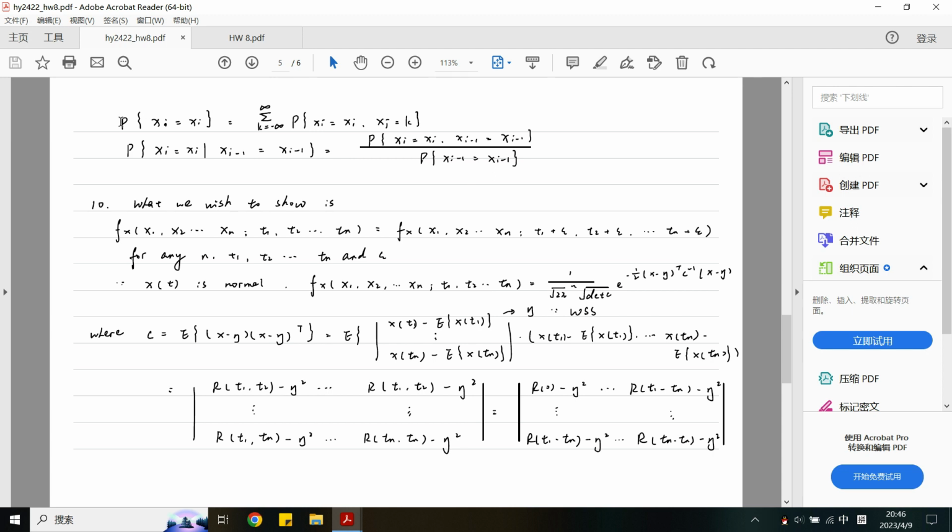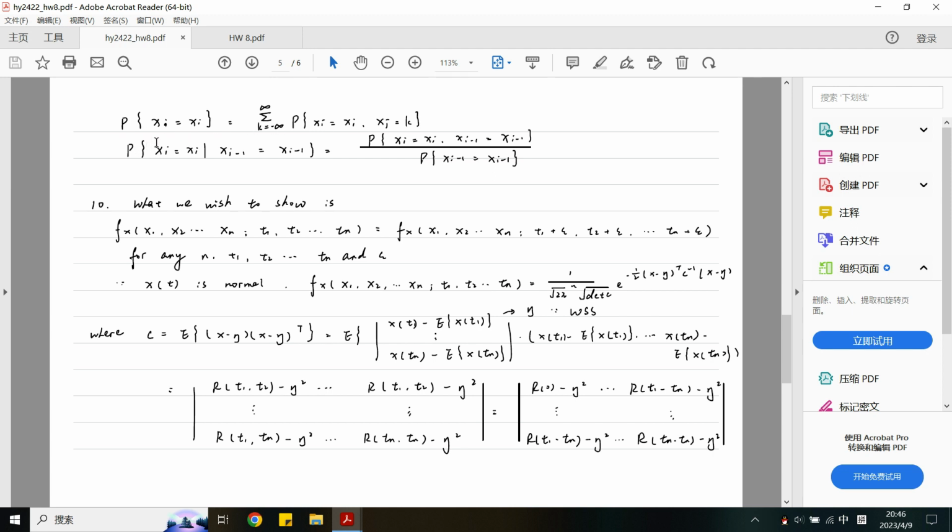So as the conclusion, we can get that the probability that Xi equals xi equals the sum over k from negative infinity to infinity of the probability that Xi equals xi and Xj equals k.